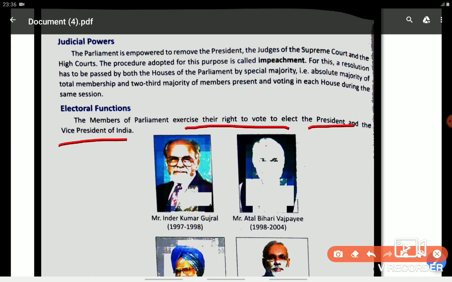So Lok Sabha members, Rajya Sabha members, along with the legislative assemblies of the states will participate in the election of the President and Vice President.